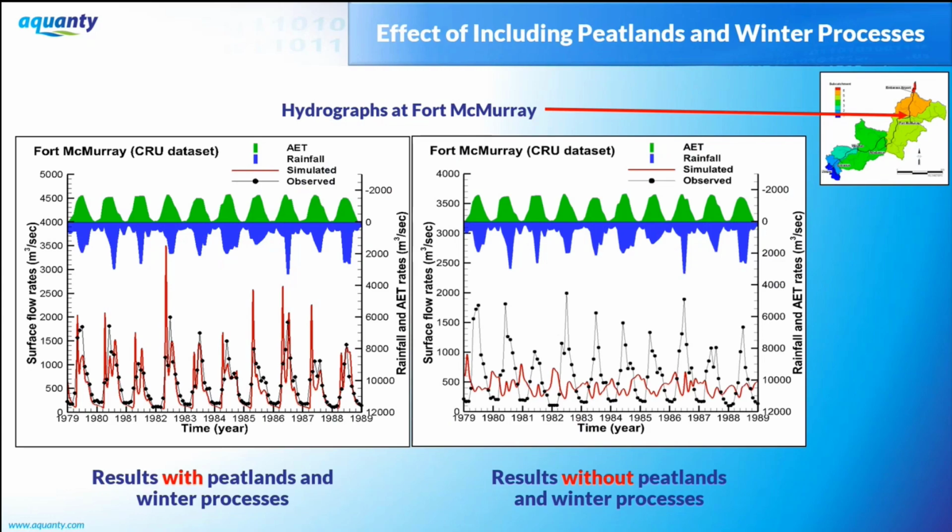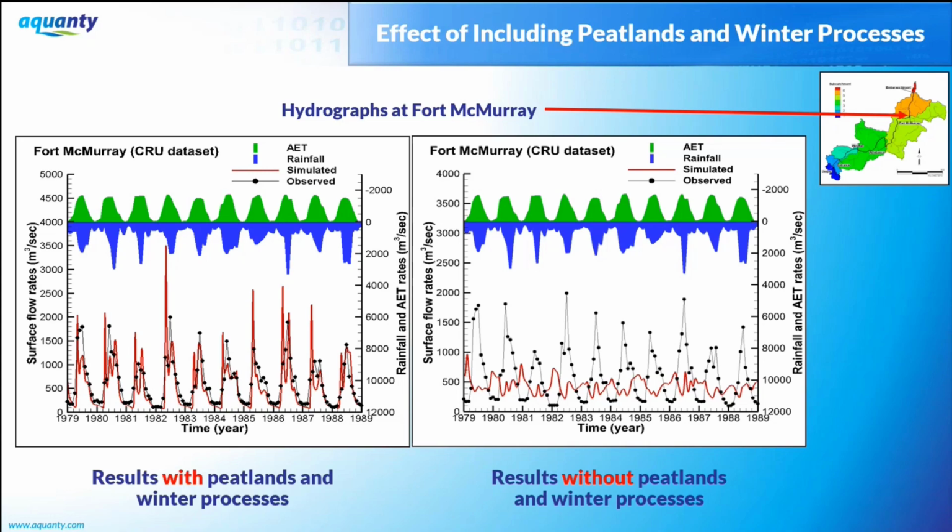And this is kind of interesting. On the left panel versus the right panel, we have on the left peatland processes, wetlands, and winter processes. And this is at Fort McMurray. This is stream flow versus time. We actually get quite a good representation of flow through time. If we don't include winter processes and wetlands, a very different response.